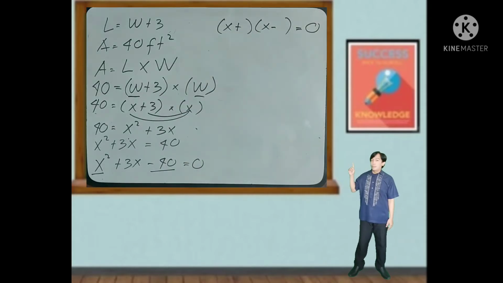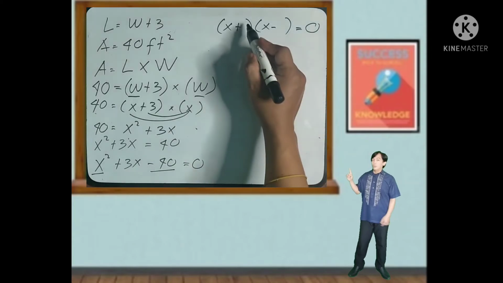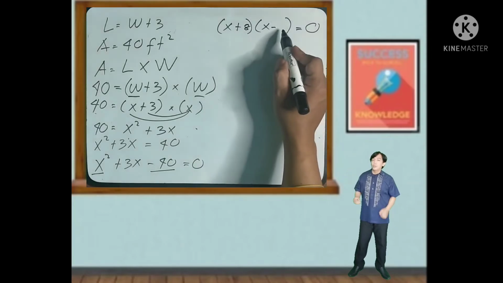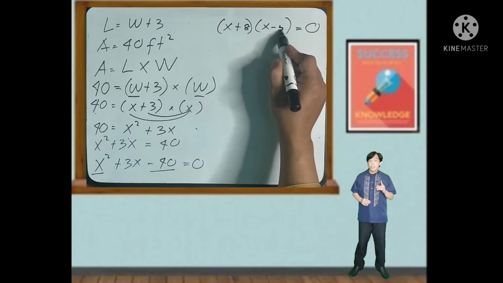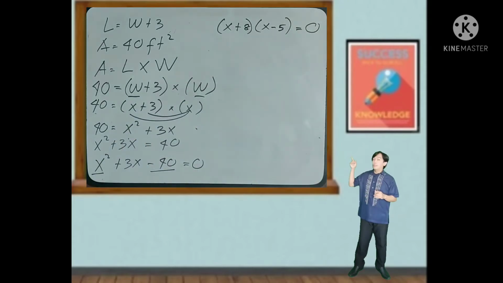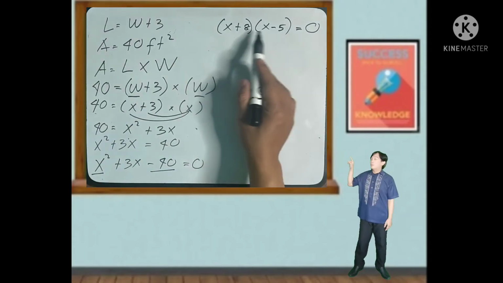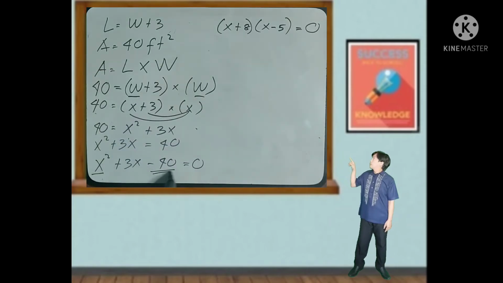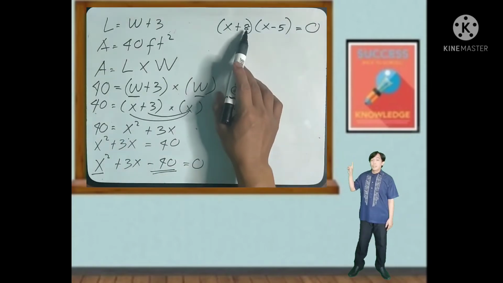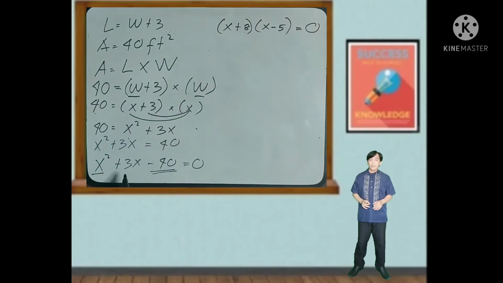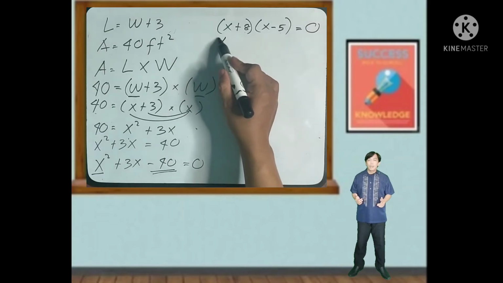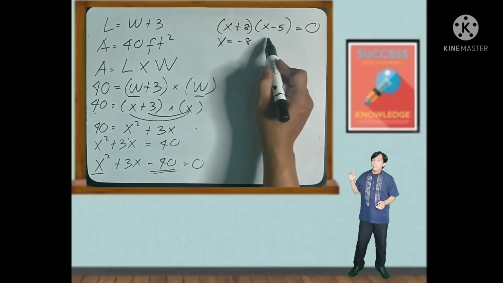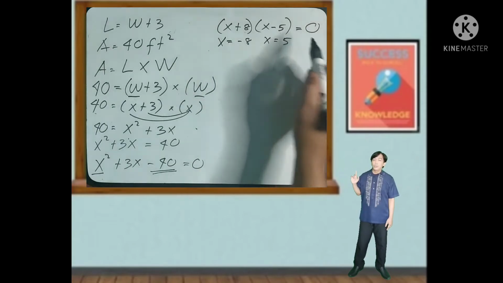So if we multiply, let us try to put 8 and 5. Okay, so if we multiply 8 and negative 5, the answer is negative 40. If we perform the operation, positive 8 and negative 5, the answer is positive 3. So that is correct. So we have X is equal to negative 8, X is equal to 5.